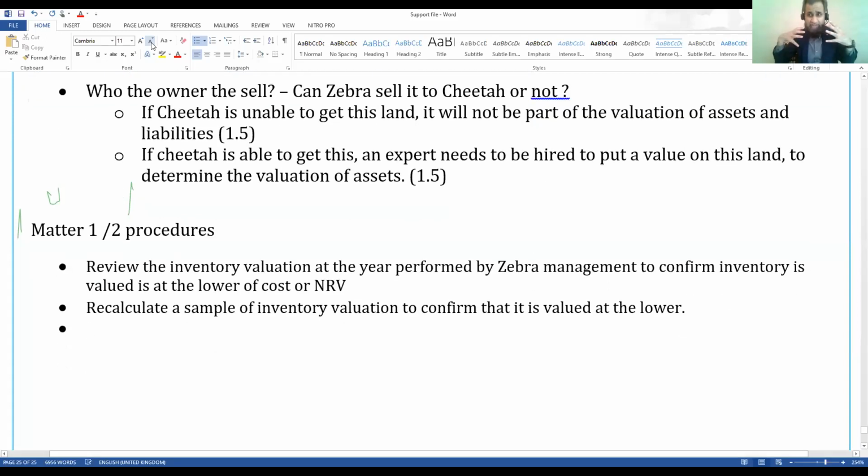Moreover, we can review the impairment working.